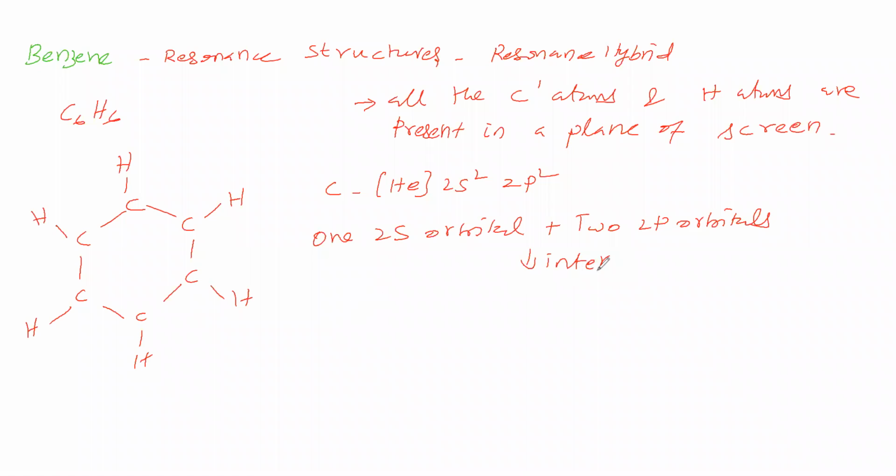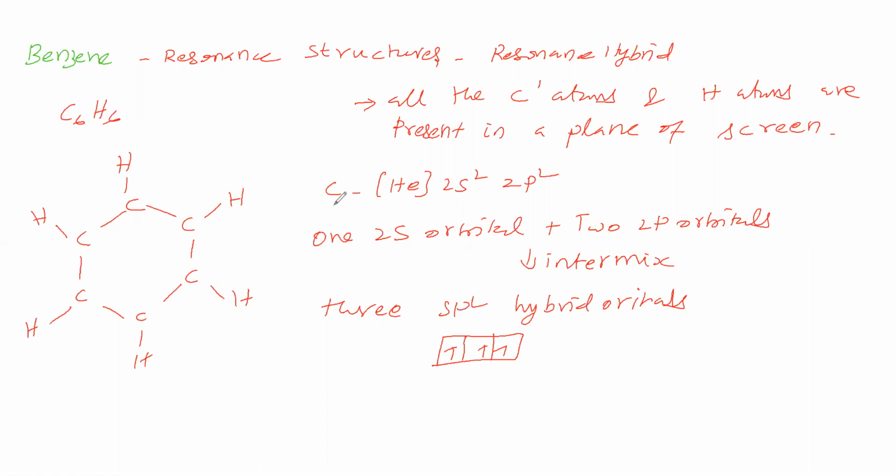Therefore we are getting 3 sp2 hybrid orbitals. Each hybrid orbital forms a bond with one hydrogen or carbon like this.